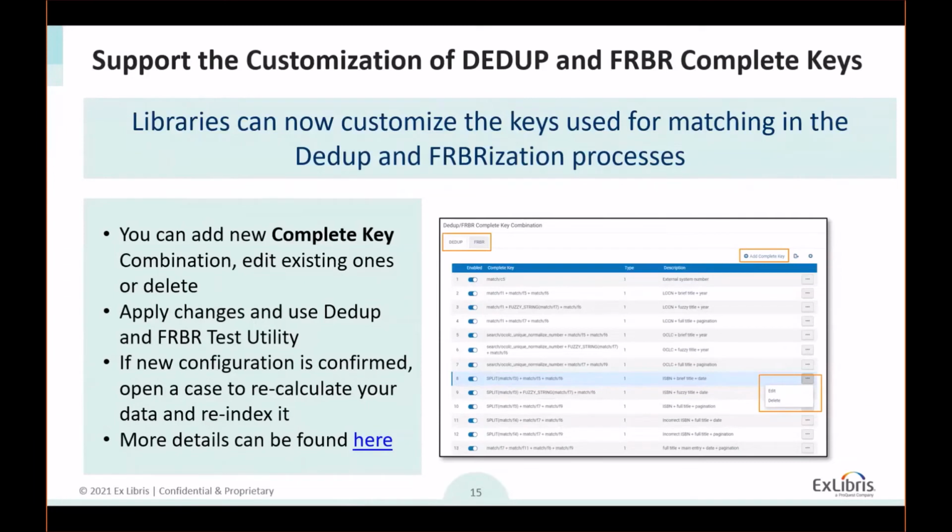What you can do now with this table is choose to change the existing combinations, edit them, and drop one of the keys in a combination if you don't like it. You can also delete an entire combination and add up to 5 new key combinations of your own.